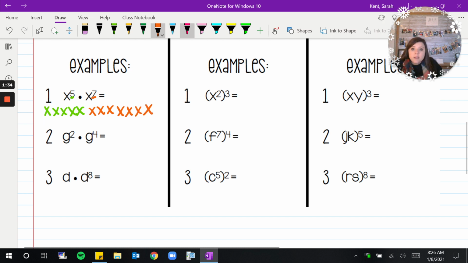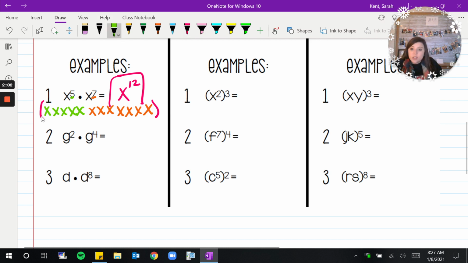So for our answer, we want to know how many x's are all together. So if we count all of these x's, we would count 5, 6, 7, 8, 9, 10, 11, 12 x's. So our answer would be x to the power of 12, because there are 12 x's all together.